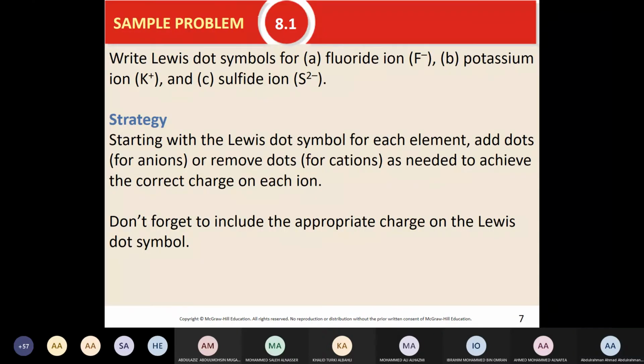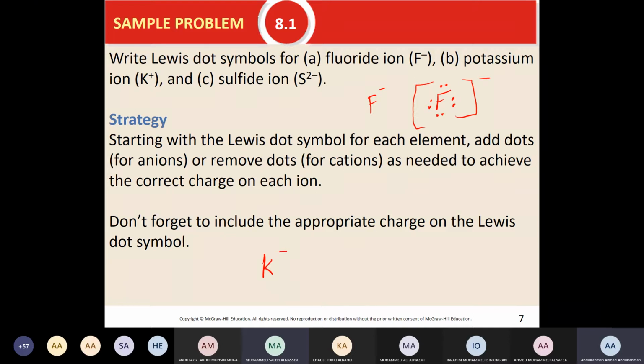Very quickly. What's the structure of F minus? It will be 8 dots, and we should write minus. Good. How about K plus?